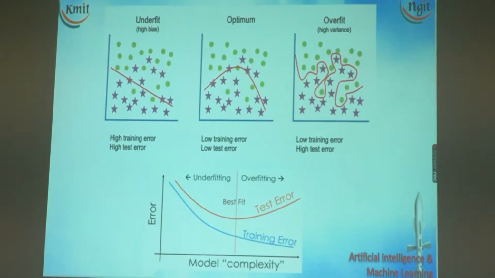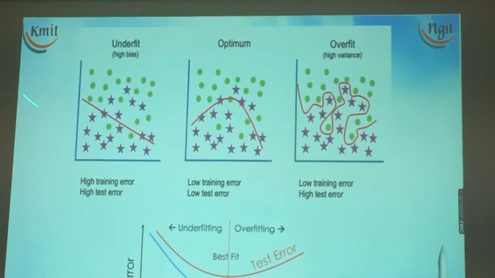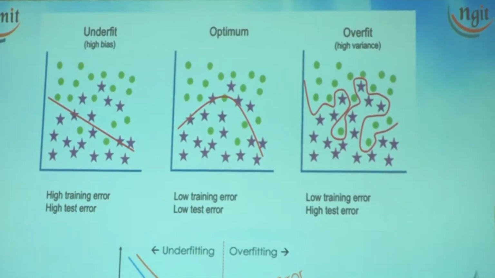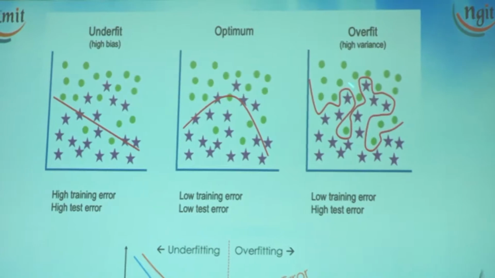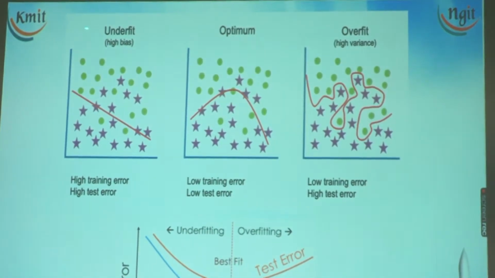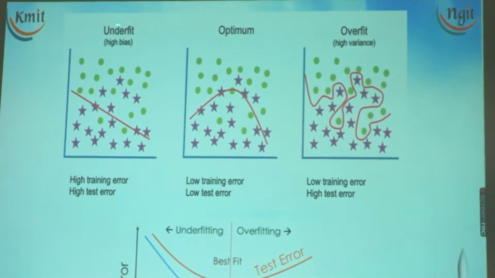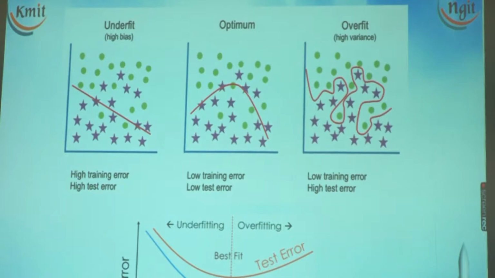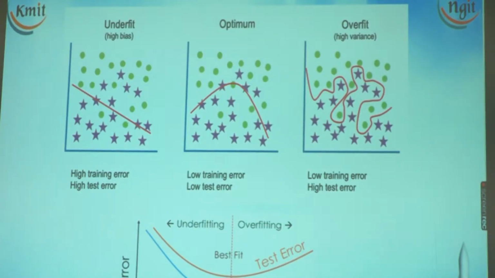When we fit the line, there are 3 possibilities: there is an underfit, there is an optimal fit, there is an overfit. When we have underfit, we always have high training error and high testing error.